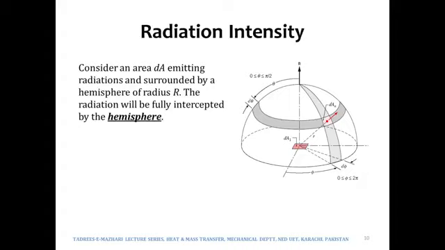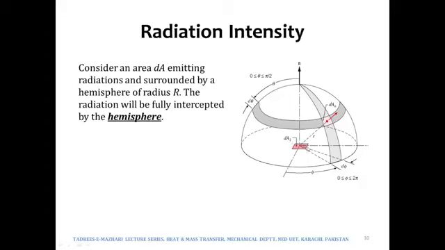So you can refer to that particular lecture to understand what those two angles are. Over here, what is it that we are trying to understand? What are we trying to discuss over here?